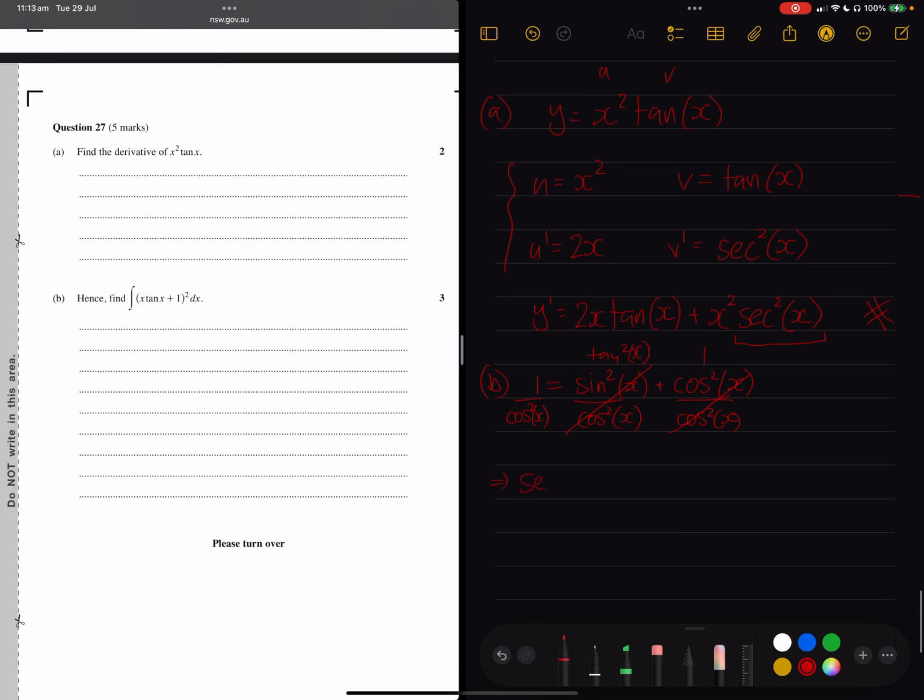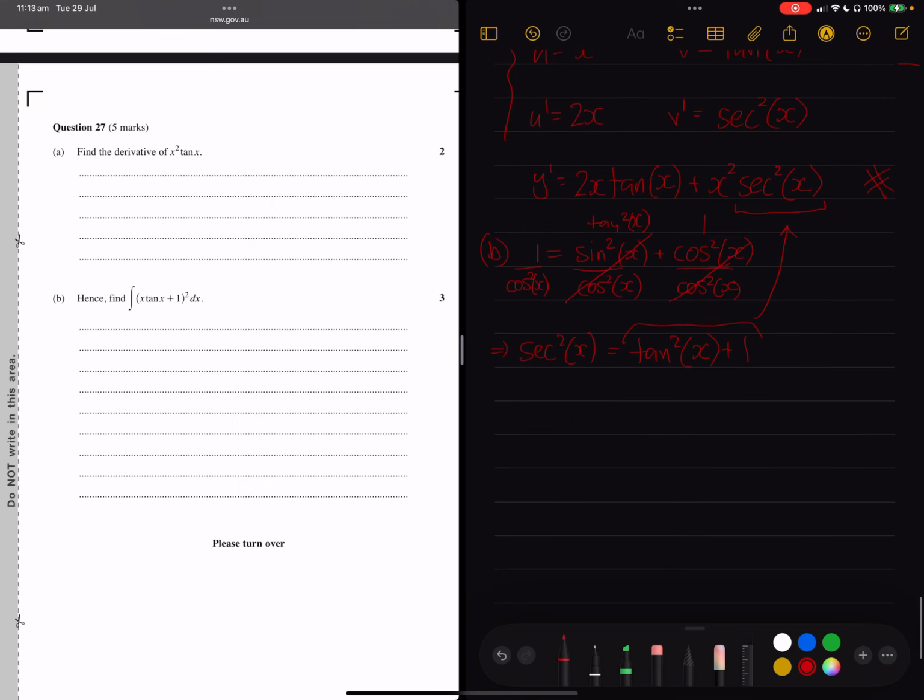So we've got secant squared x is equal to tan squared x plus 1. So we're going to sub this in for the secant squared. So our y prime function is 2x tan x plus x squared times tan squared of x plus 1.